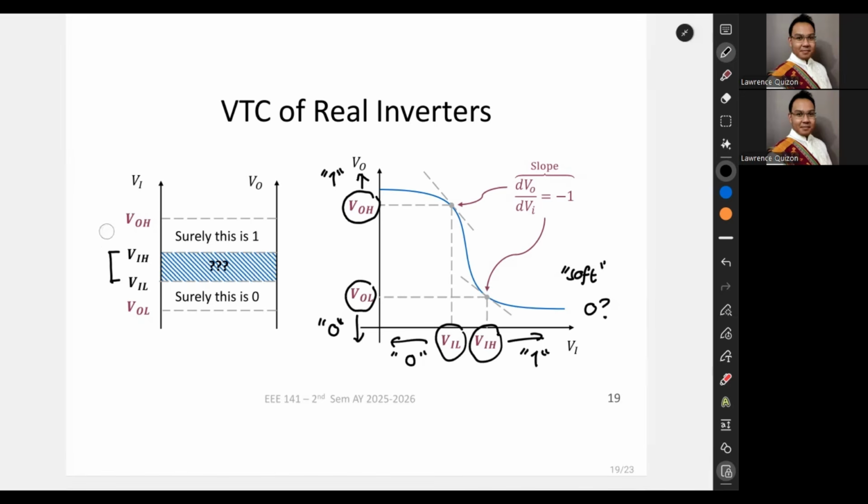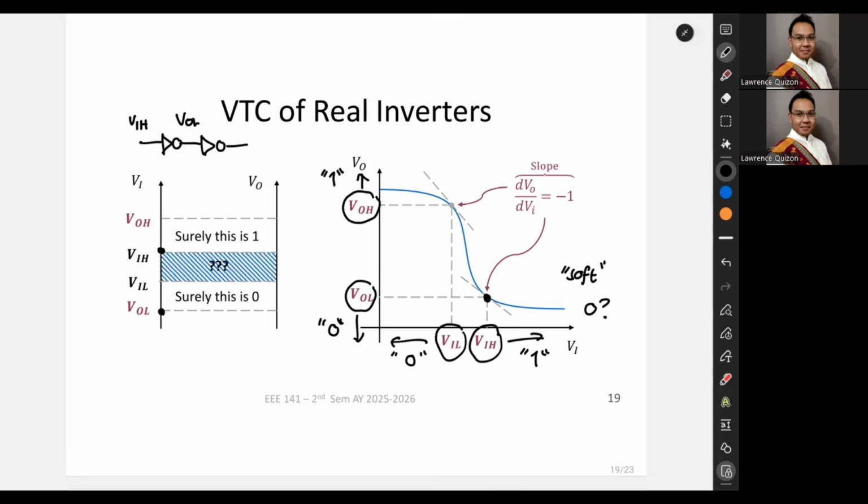The practical reason for this is that if you have two gates cascaded against each other, and one has an input of the minimum possible high, something like VIH, this would correspond to at least a V out low.